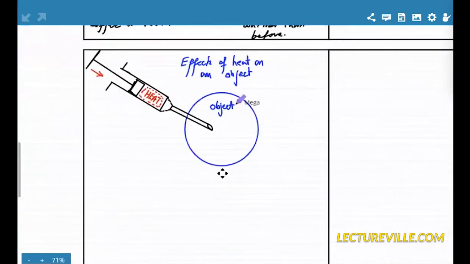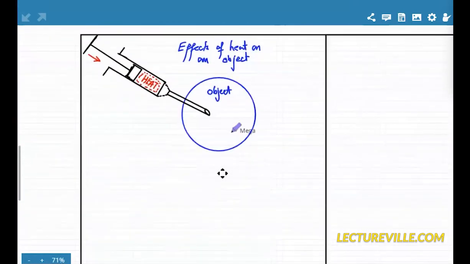Now, the object is provided with heat energy first. What will happen if the object is given heat?